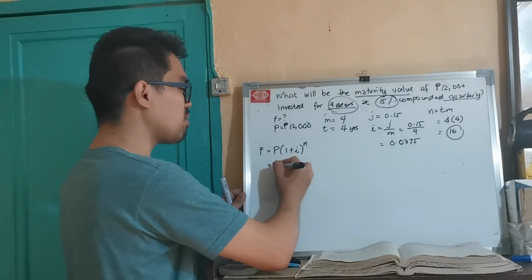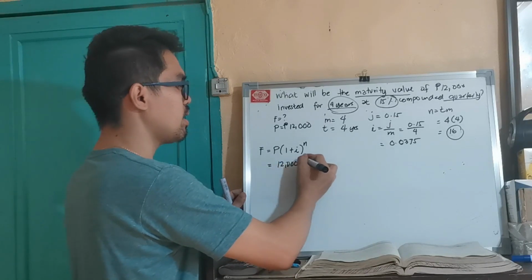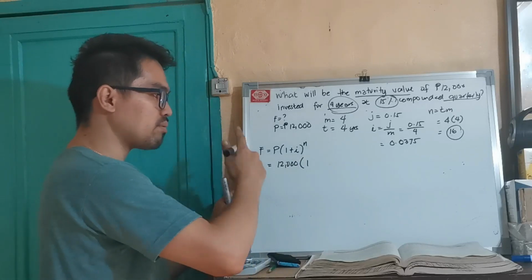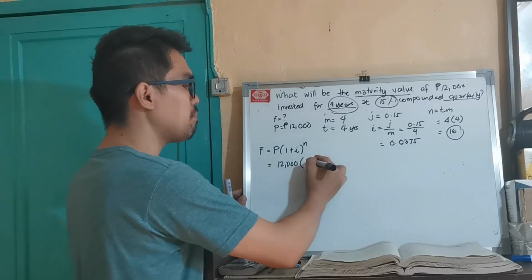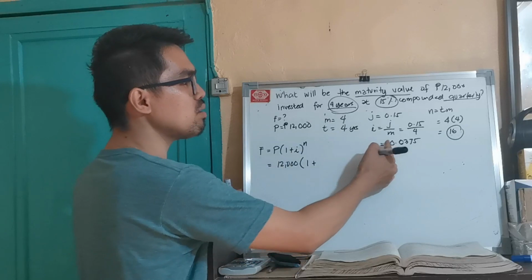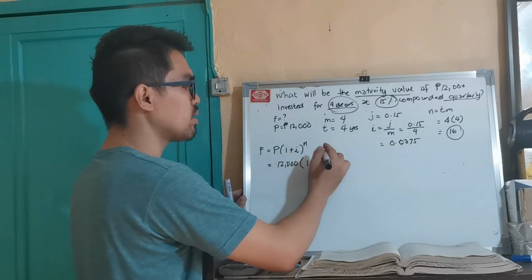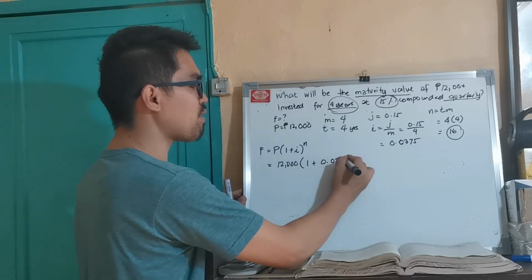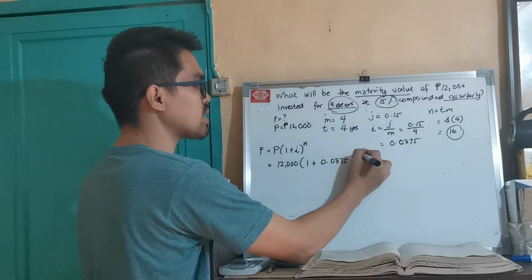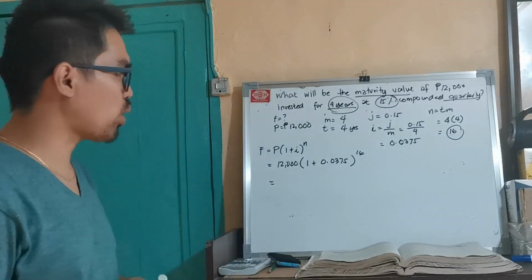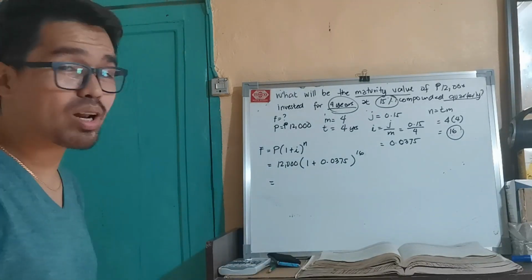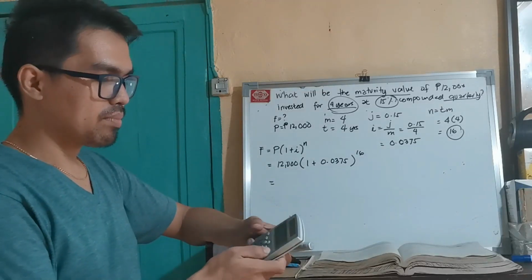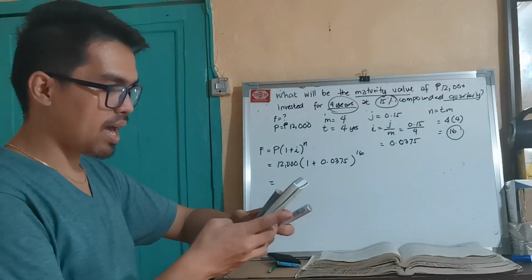Our principal is 12,000. We have 1 as our constant term, plus our I, which is 0.0375, raised to our N, which is 16. Technically, you have to work it with your calculator because it's raised to the power of 16, so you have to use your calculator by this time.